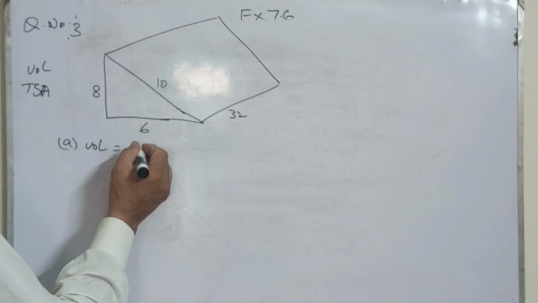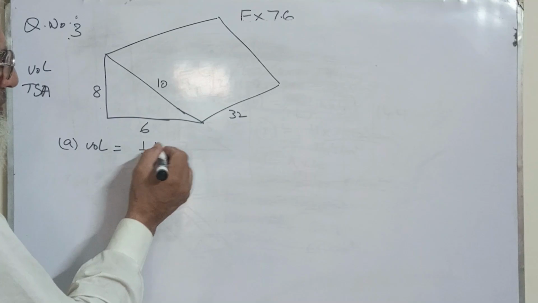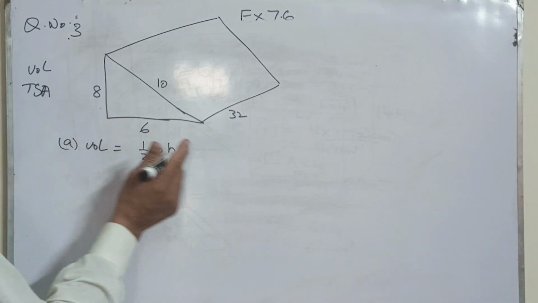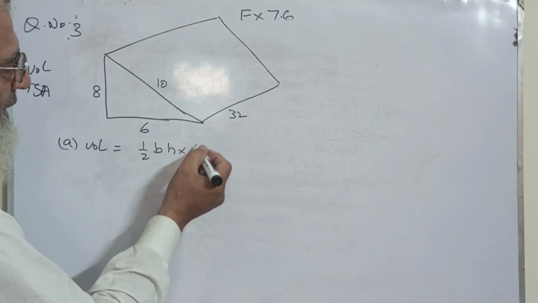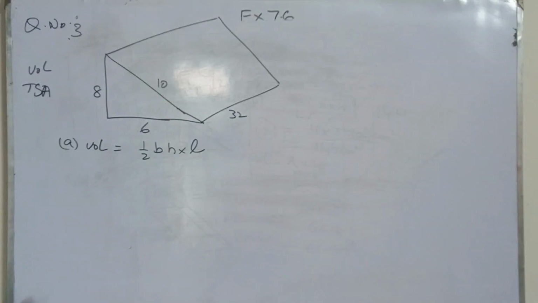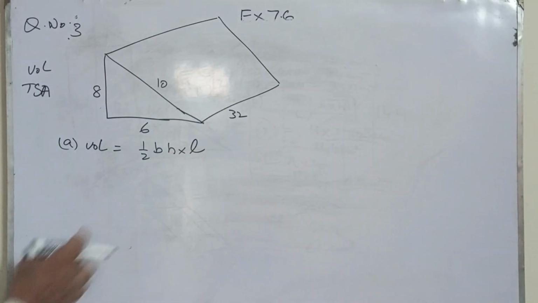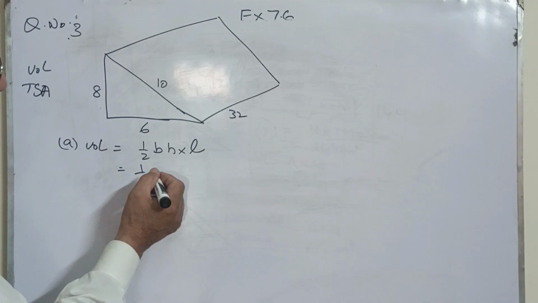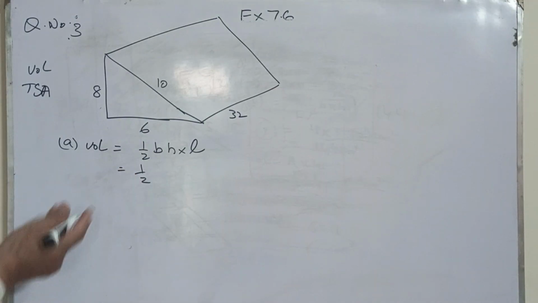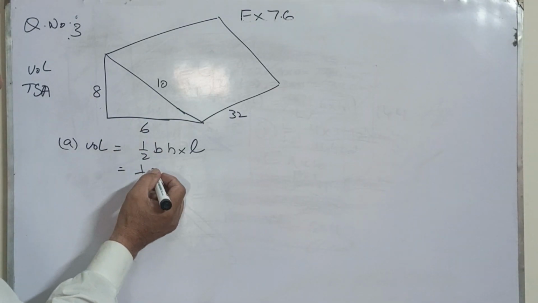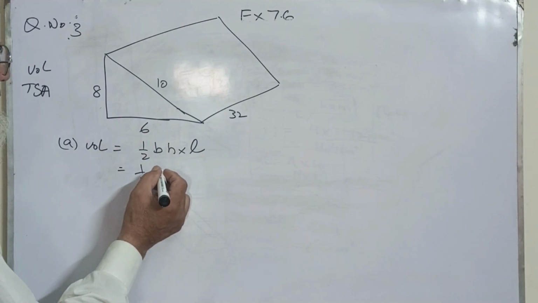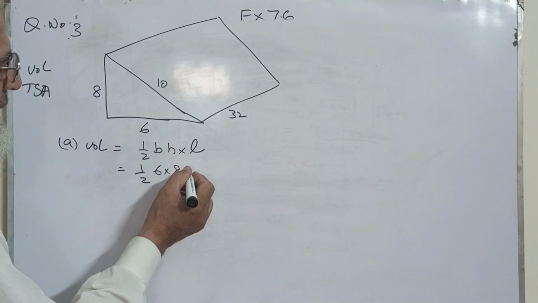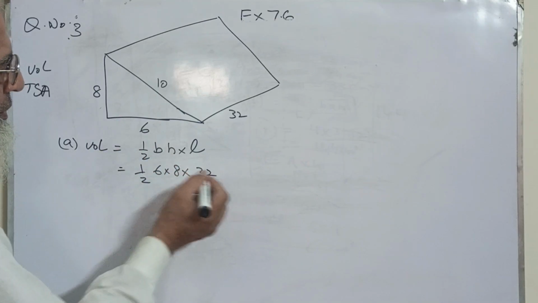So half base into height of this, multiplied by the length, because I have to make the difference between the two. You can take any of B and any of H. So 6 multiplied by 8, half of it.